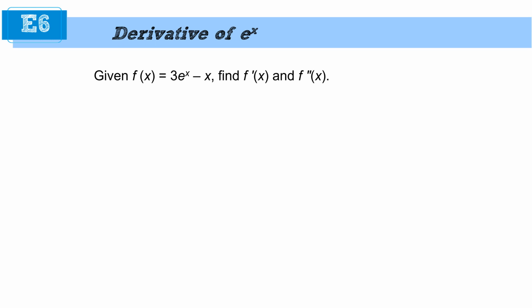Daniel, let me write that down for you, just in case you're a visual learner. So you told me that f prime of x was 3e to the x minus 1. And everybody agrees, yes? Okay, all right. Back to you, Daniel.